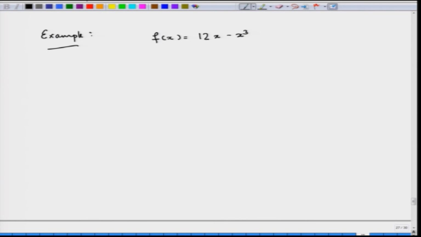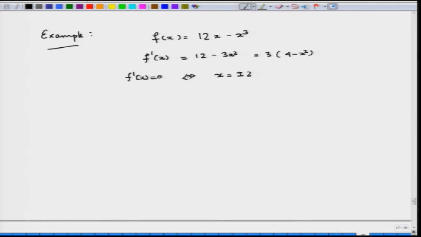So, now f prime of x is equal to 12 minus 3x square, which if I take 3 common, is 3 times (4 minus x square). Now, f prime of x is equal to 0 if and only if x is equal to plus or minus 2, right.